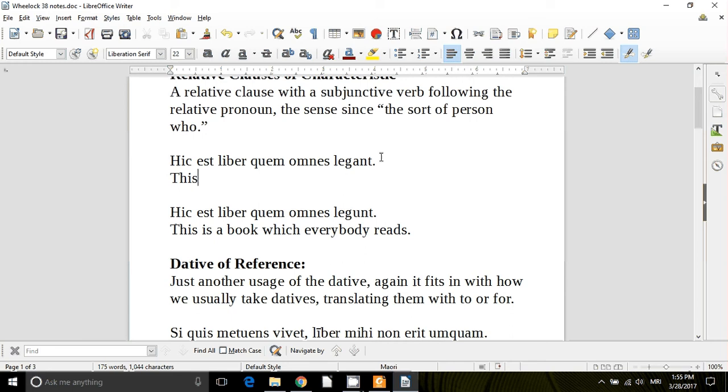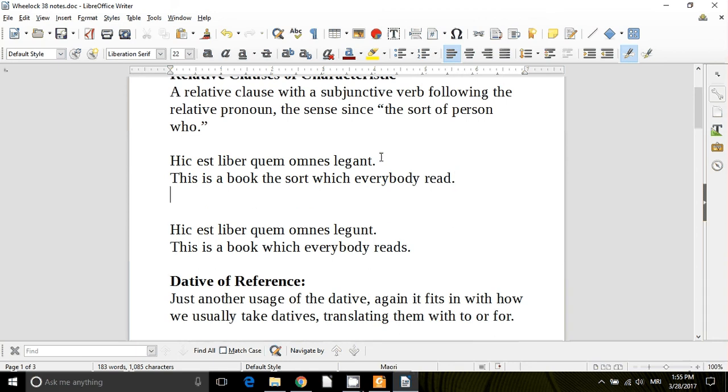So this is a book, so it's the sort which everybody reads. Or in English we would say, this is the kind of book everybody reads. So this one states a fact, that this is a book which everybody reads, as opposed to, this is the kind of book that everybody reads.